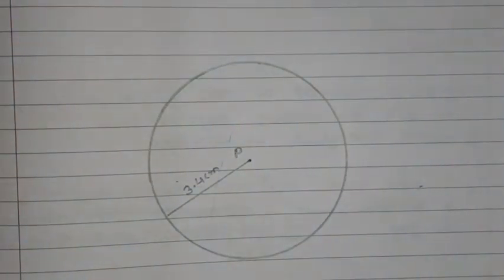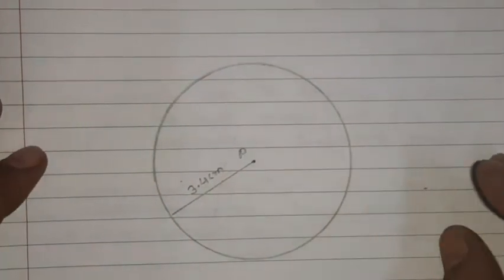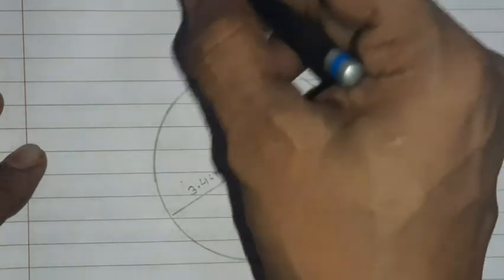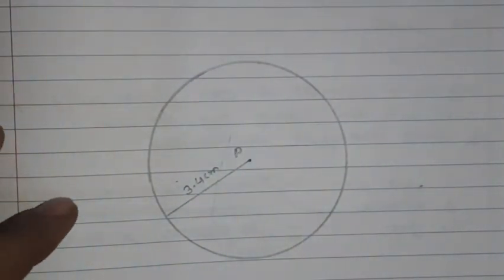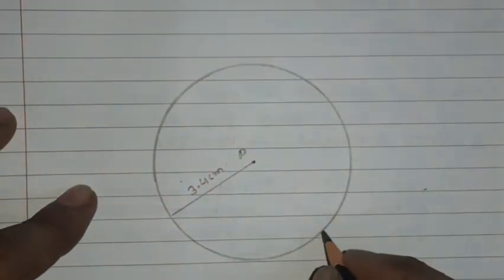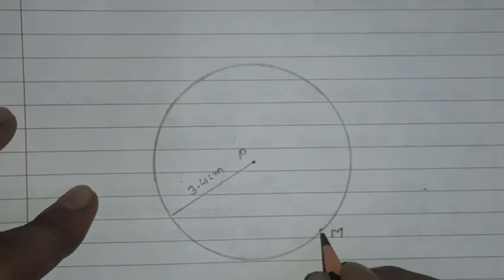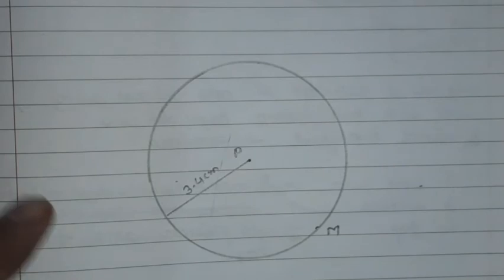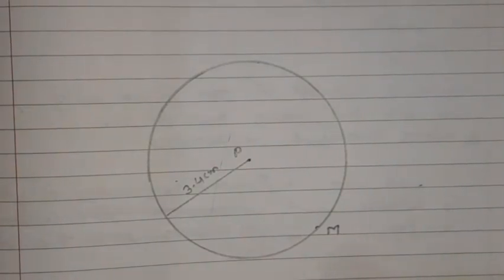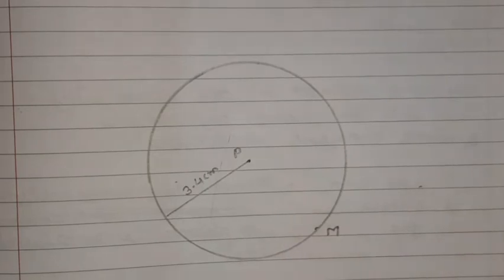Now dear student, first of all we have to draw the chord of 5.7 centimeter. Therefore first of all, dear student, take any point. Suppose point M is there on a circle. We have to draw the chord of length 5.7 centimeter.